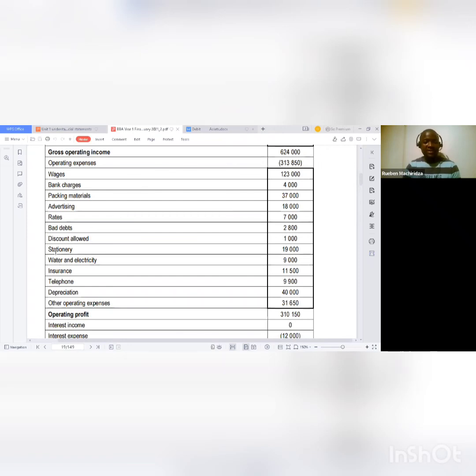And then we have stationery. Stationery are the items that we buy and we expect to consume within the current year. When we talk of stationery, we talk of items such as writing pens, bond paper, invoice books, and anything that we use. We buy those in anticipation that we are going to use them in the current period.